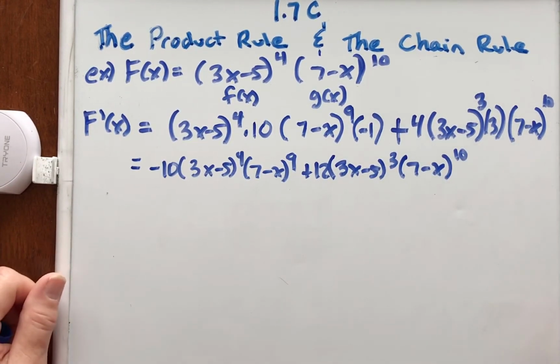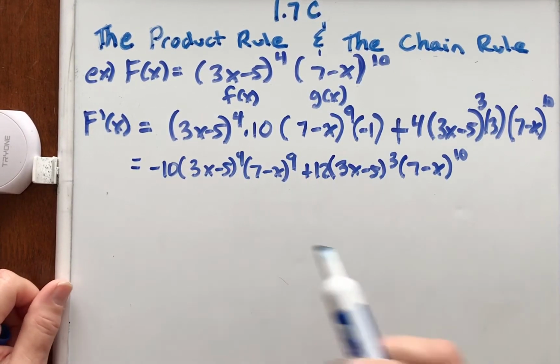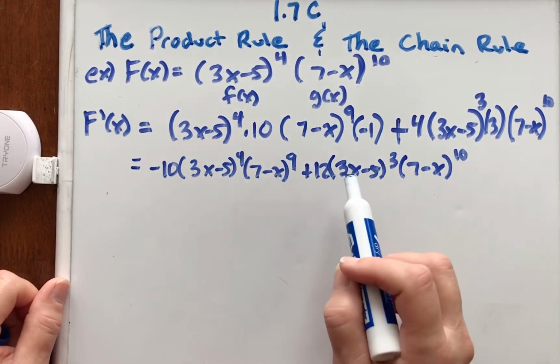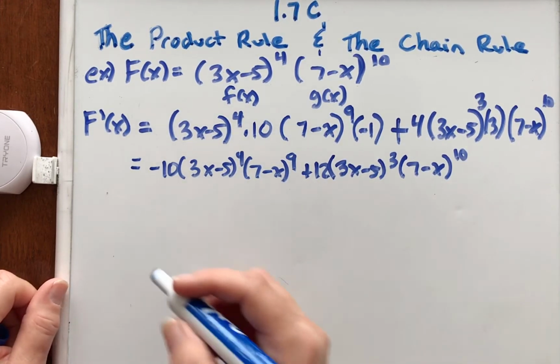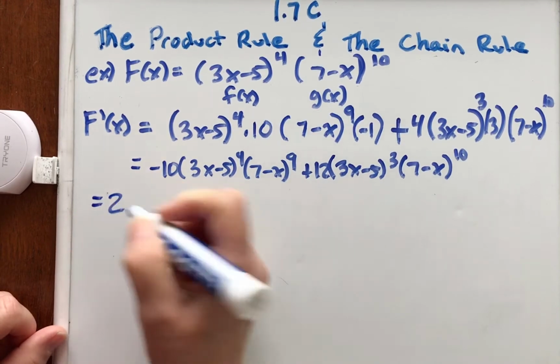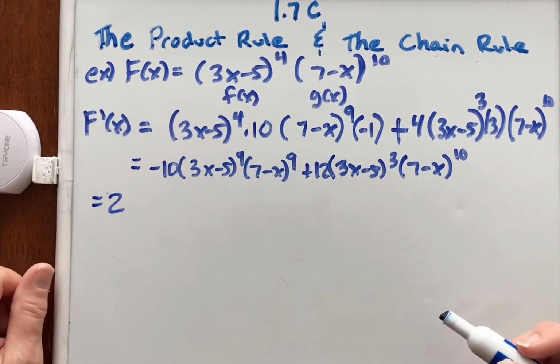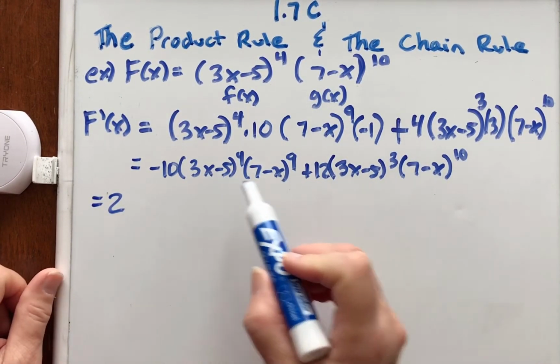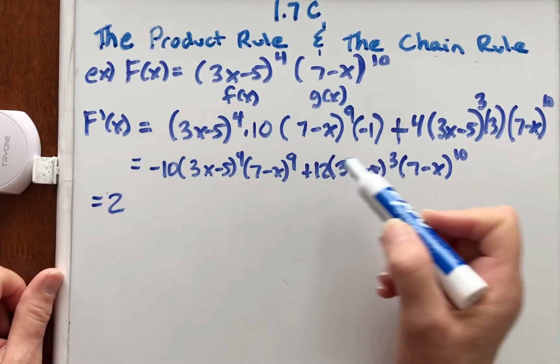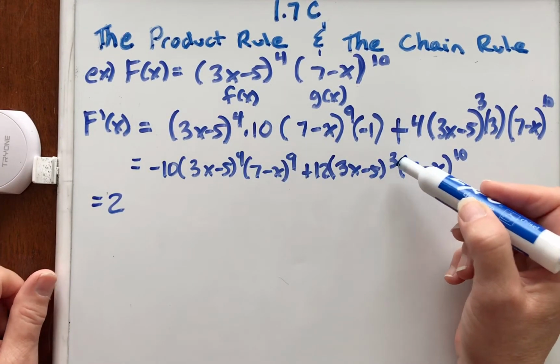Okay, now on these problems we factor out what we can to clean it up. So we look to see what they have in common. Right now between a negative 10 and a 12, they have in common a 2. So we're going to factor out a 2 from these two. Now between the 3x minus 5 and 3x minus 5, we take the smallest power, which is a 3.